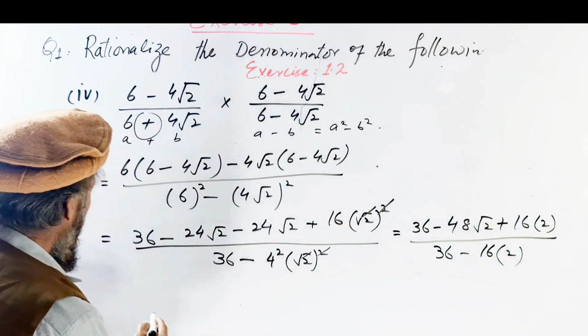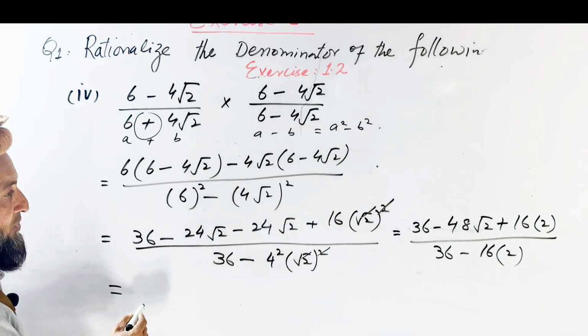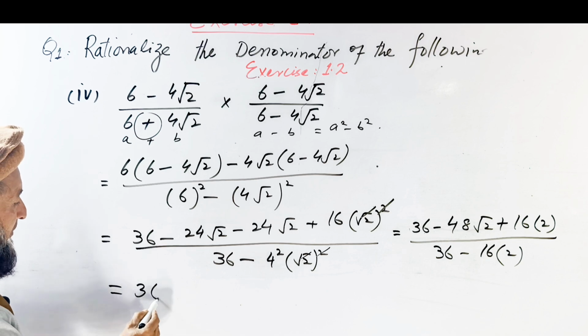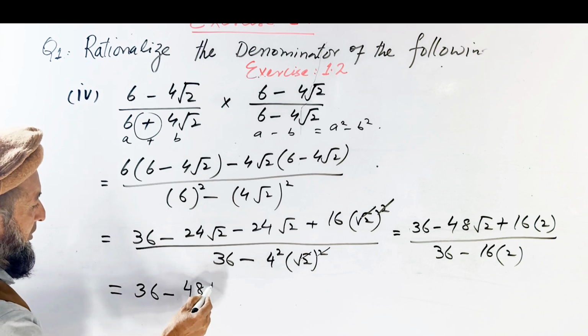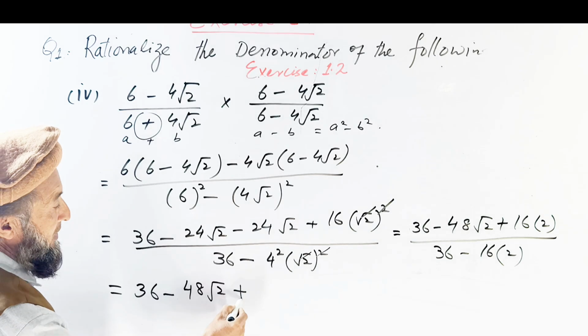Now further we can write the simplification of this question is 36 minus 48, 2 under the root, plus 16 multiplied by 2, 32.